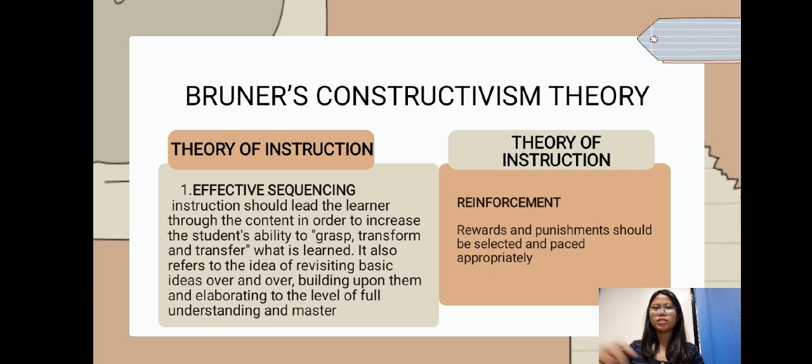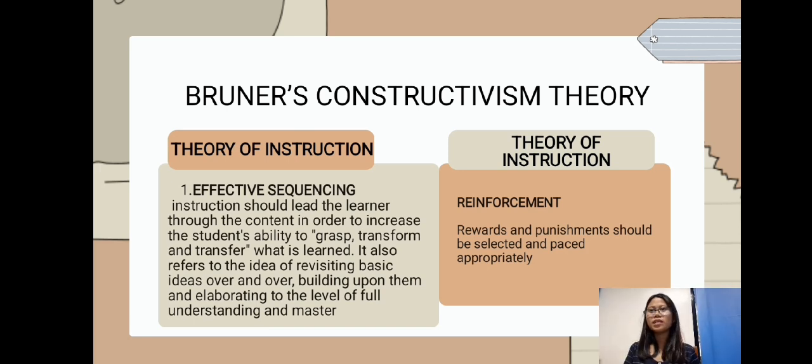Theory of instruction, effective sequencing. Instruction should lead the learner through the content in order to increase the student's ability to grasp, transform, and transfer what is learned. It also refers to the idea of revisiting basic ideas over and over, building upon them and elaborating to the level of full understanding and mastery.